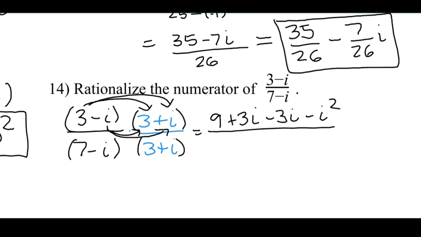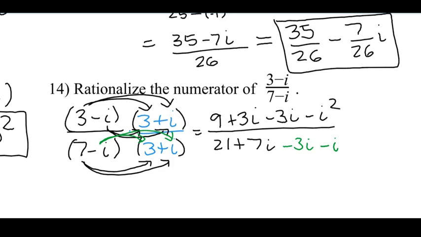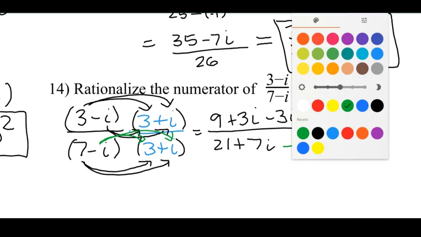And then on bottom, let's do the same thing. So 7 times 3 is 21. 7 times i is 7i. We have negative i times 3, negative 3i, and then last times last, negative i times i, so negative i squared. Okay, and then let's simplify.